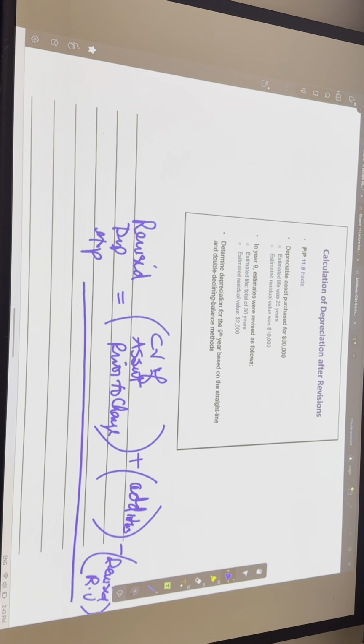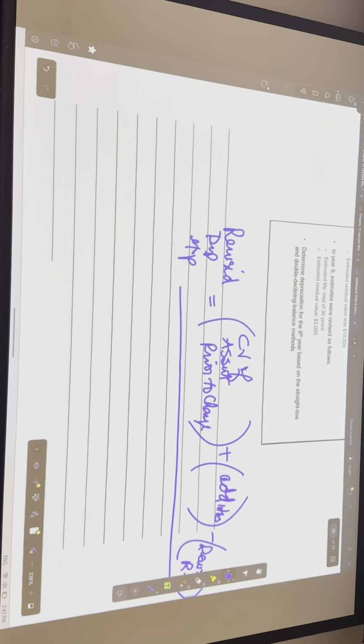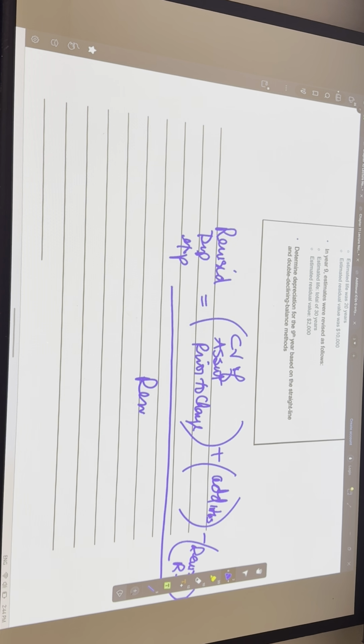And then we're going to take a look at the remaining useful life. So usually it's the original useful life plus any changes less how old the asset is. Okay? So if I did this 3 years later and the asset's useful life is 20, then it's going to be 17.